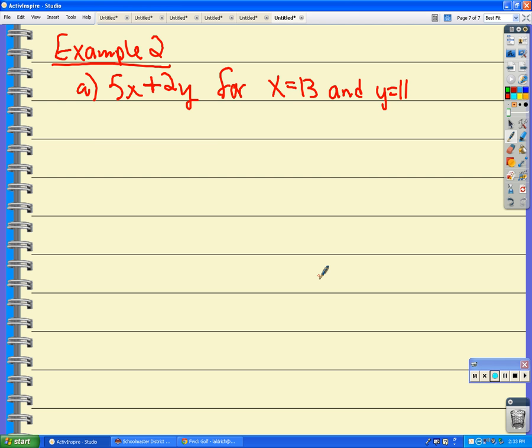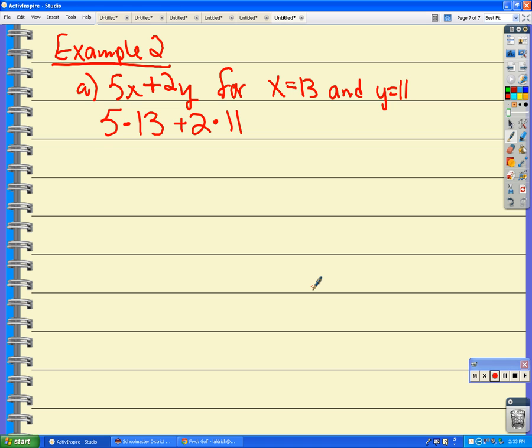So 5x plus 2y for x equals 13 and y equals 11. So first step is, yes? 5 times 13, good, because the x becomes a 13 plus 2 times 11.